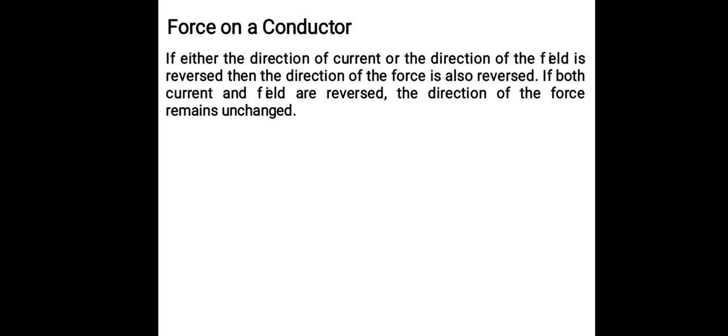So if you change the direction of current, you can change the direction of rotation, or if you change the direction of flux, then also you can change the direction of rotation. If you change both current and magnetic field, then the direction is the same. So in DC motors, if you want to change the direction of rotation, you have to change either the field direction or the armature current direction.